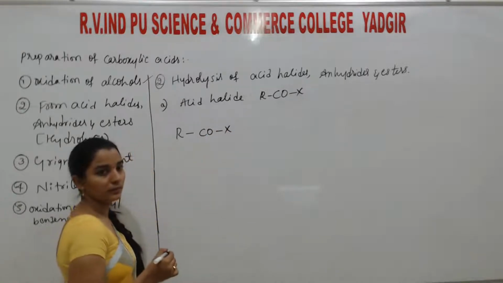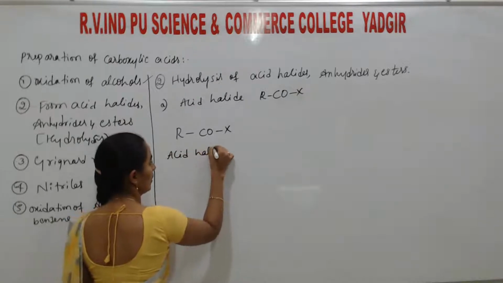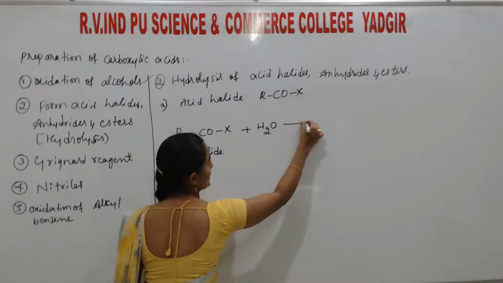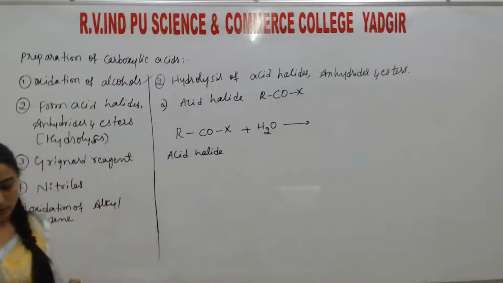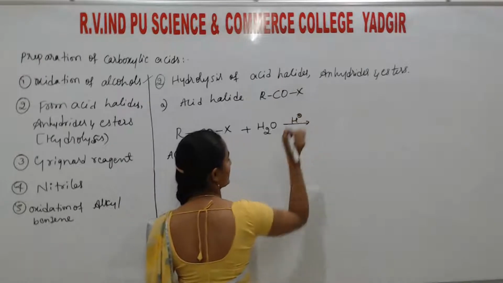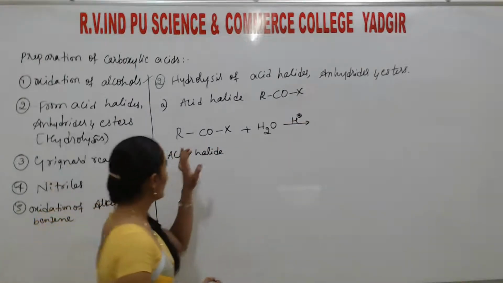RCOX. So this is what? Acid halide. So it undergoes hydrolysis. Water molecule is going to hydrate in the presence of acid, any acid, either H2SO4 or HCl. Then what happens?